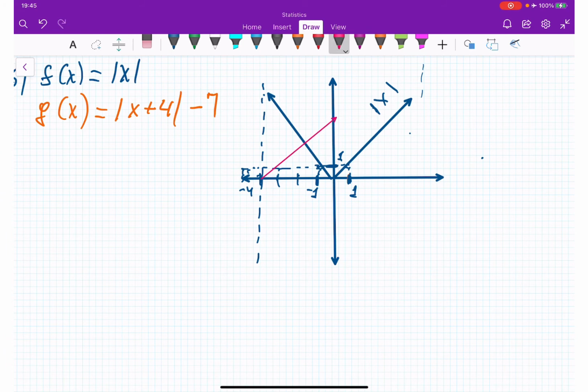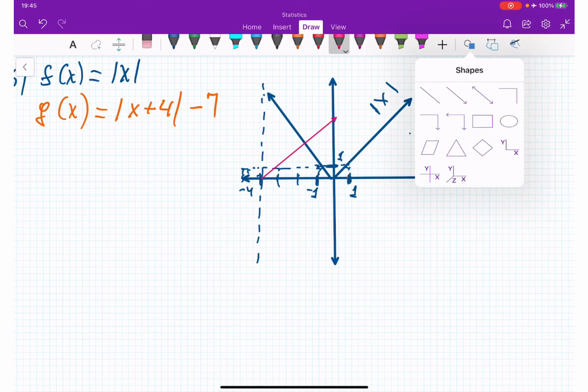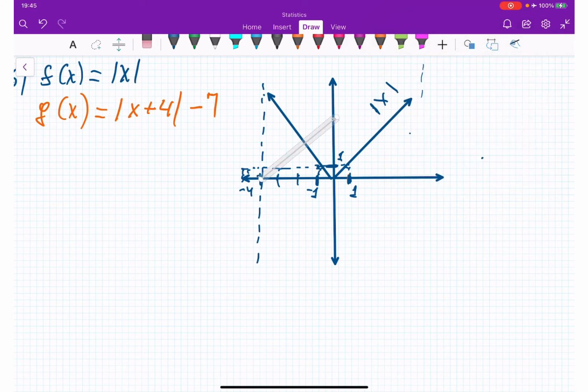One comes this way. The other one comes this way. And this is absolute value x plus 4. Okay, and the only thing we have to build is x minus 7. X plus 4 minus 7.